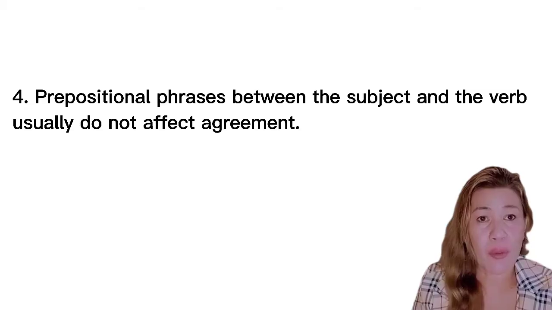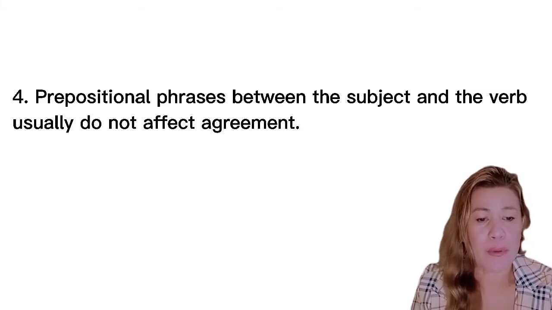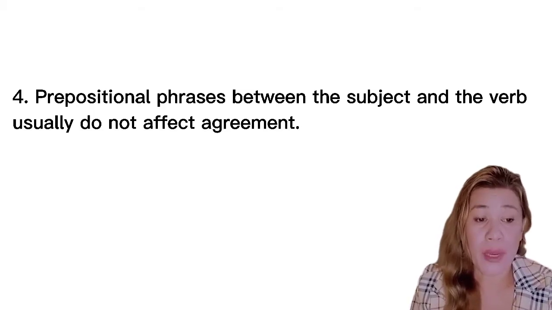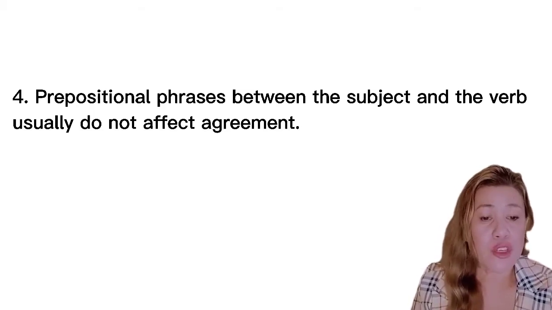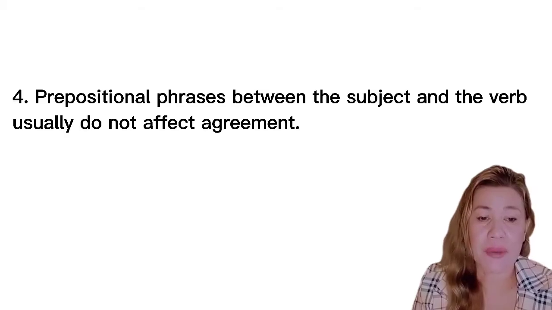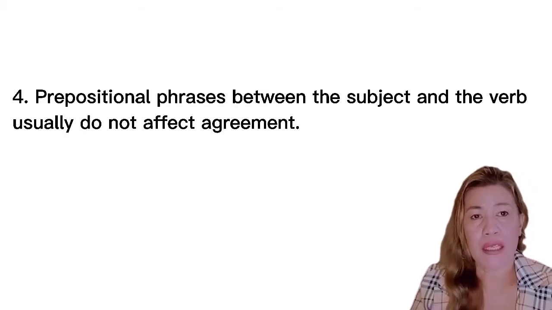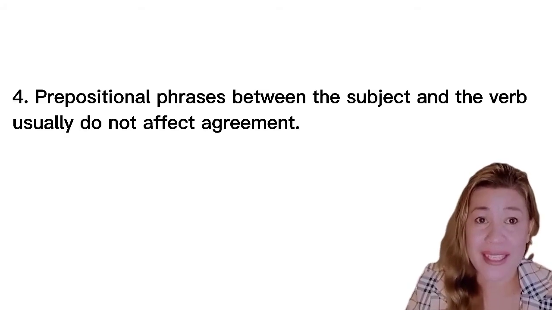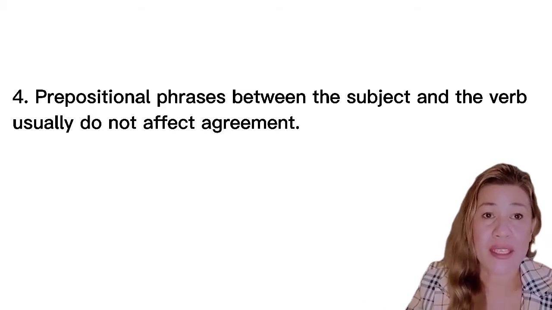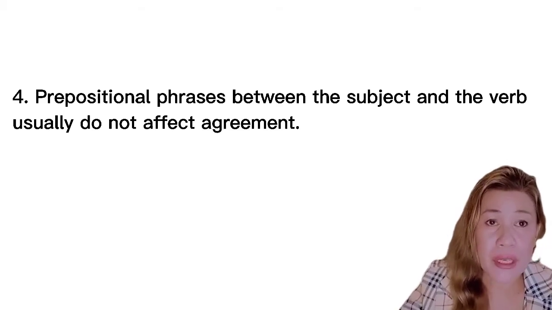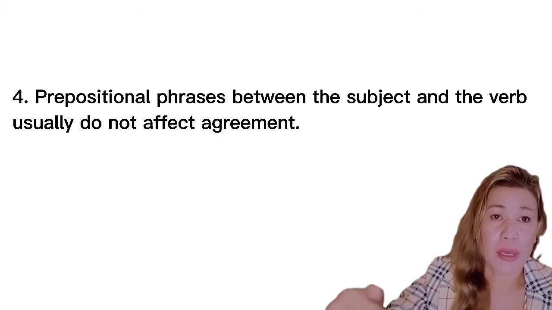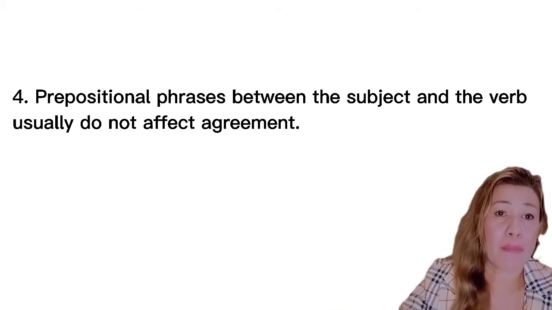So let me begin with 4A. Prepositional phrases between the subject and the verb usually do not affect agreement. Now, you ask, what are prepositional phrases? Prepositional phrases are groups of words which are beginning with prepositions.